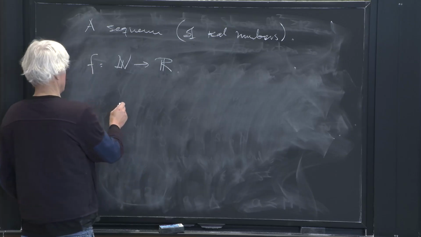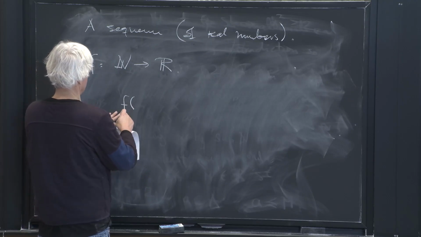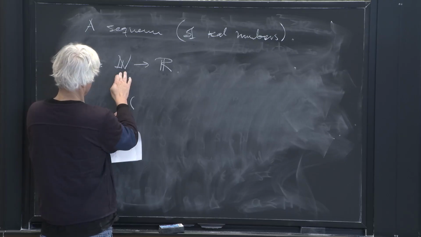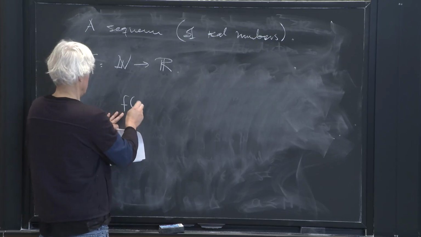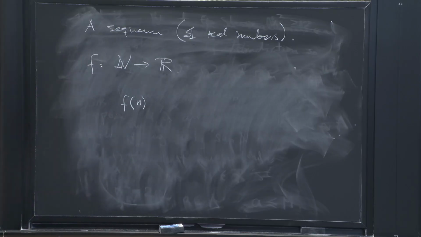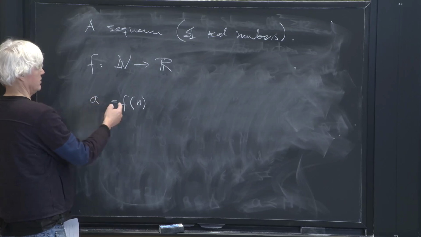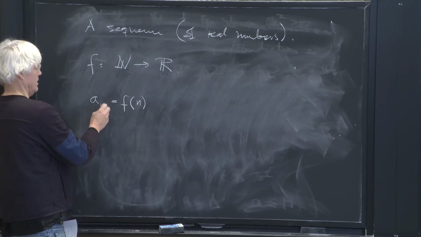And so a function is defined by the value at different points. But if you want to think about it as a sequence, then it's common to denote it like that.